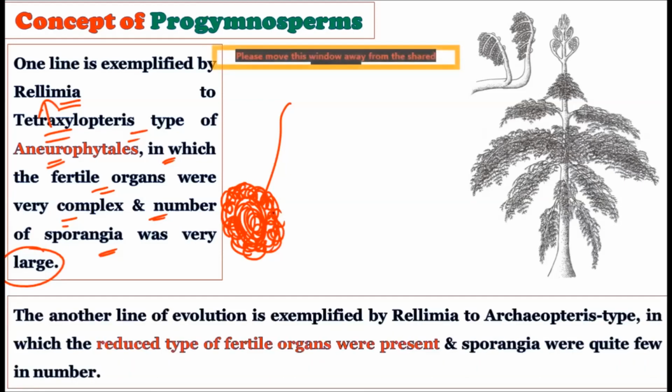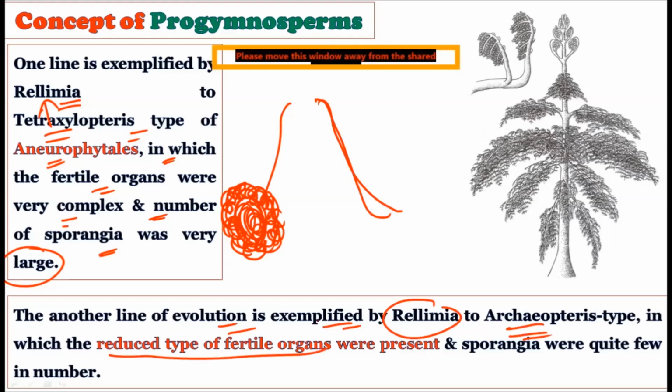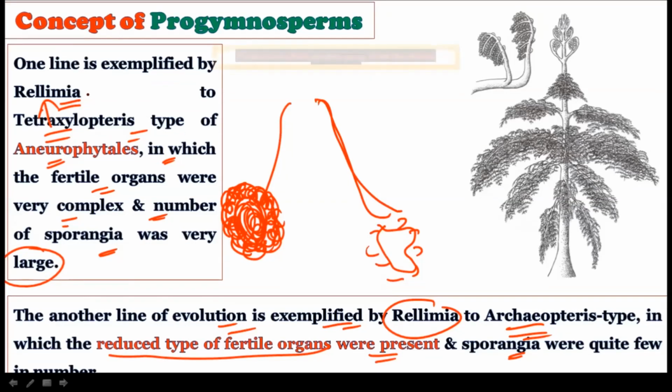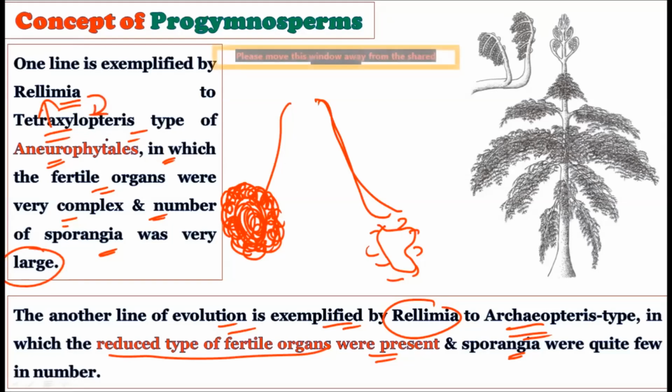Now the other line of evolution is exemplified by Rellimia to the Archaeopteris type, in which the fertile organ was of a reduced type and there were quite few sporangia. So one line comes from Rellimia to the Tetraxylopteris type of Aneurophytes, while the other goes straight from Rellimia to the Archaeopteris type.